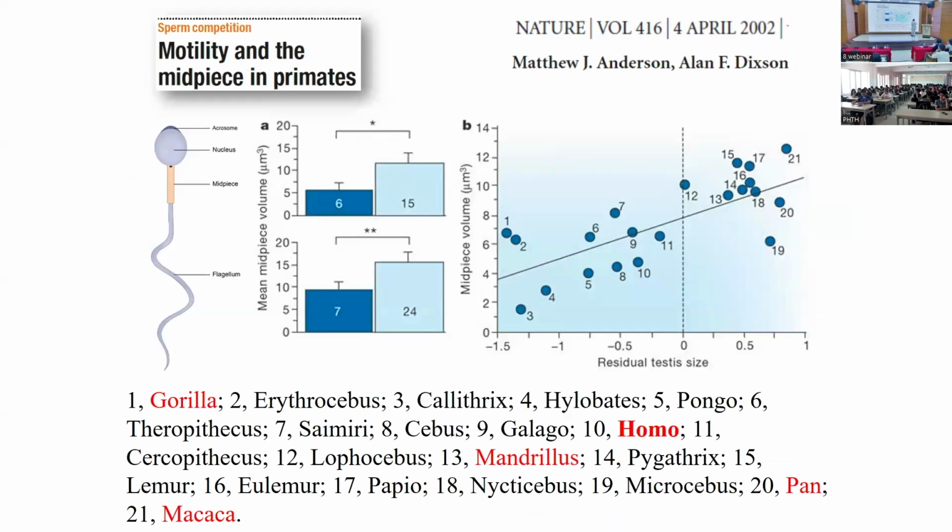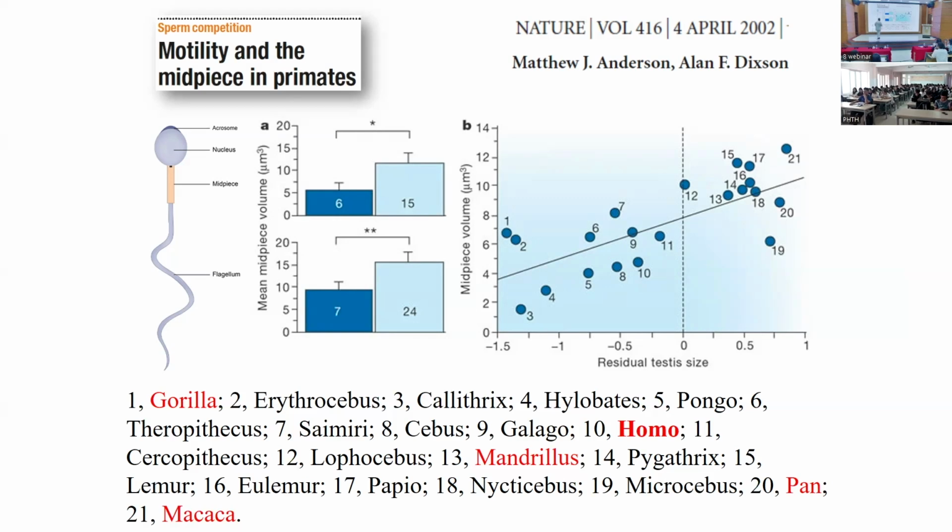This is also fitting, and this is a very interesting article published in Nature. It is also fitting with something like the mid-piece of the spermatozoa. You know what the mid-piece is? The mid-piece is where there are mitochondria, which means energy. So a bigger mid-piece means more energy. The spermatozoa run faster because they have more energy.